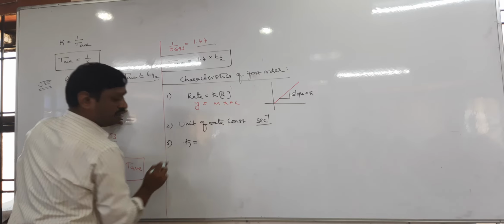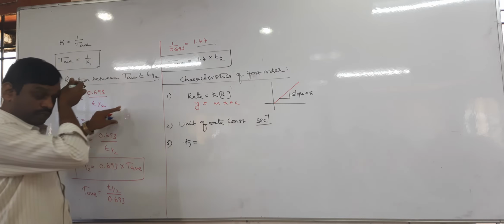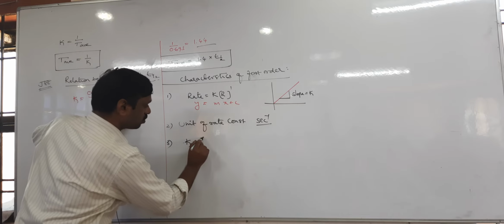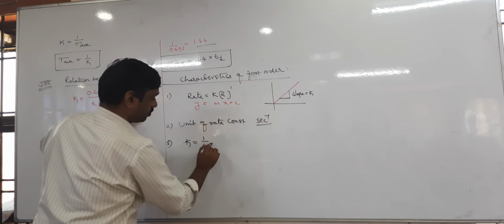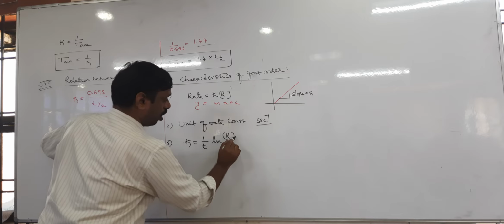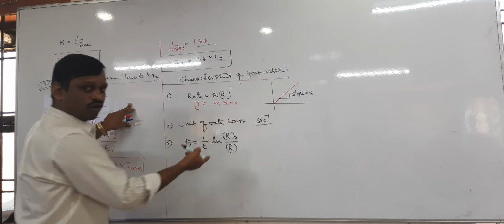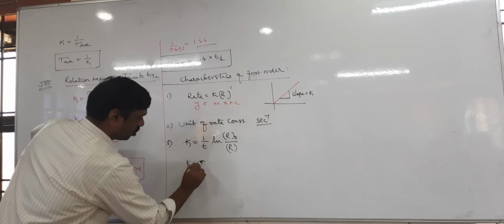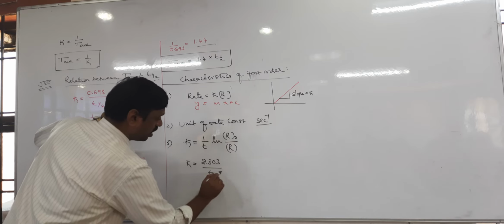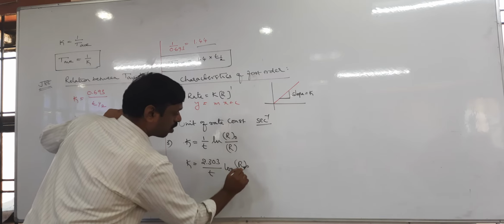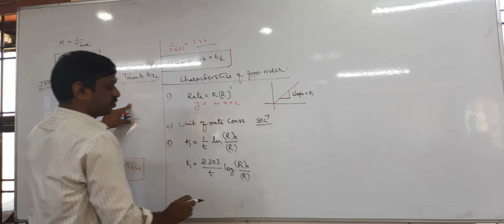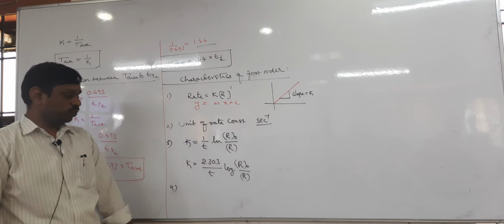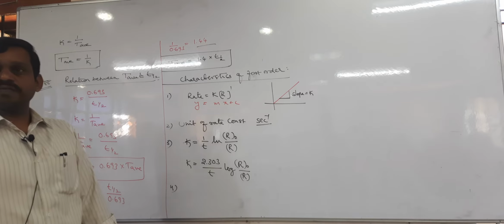It is K equals 1 by T natural log R naught by R. We have drawn graphs on this, and K equals 2.303 by T log R naught by R. Next, the fourth characteristic, T half.